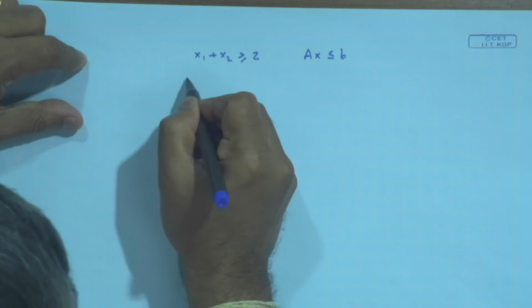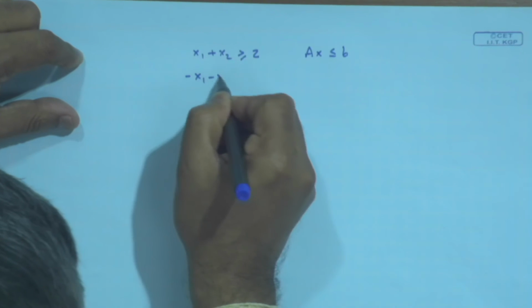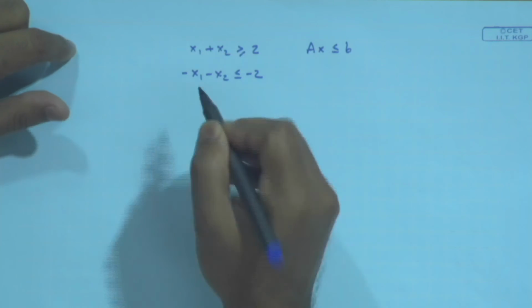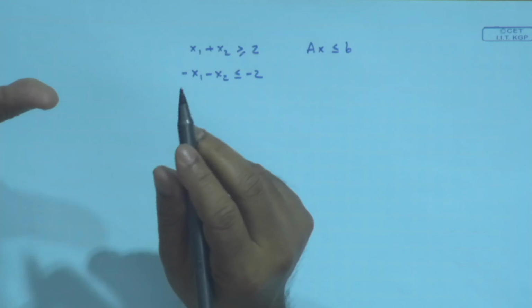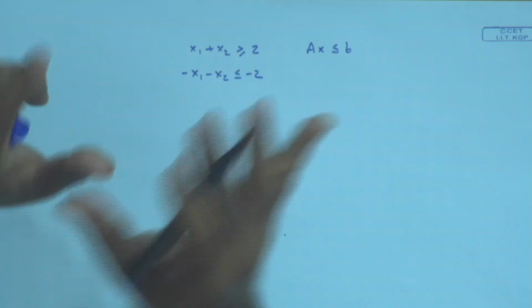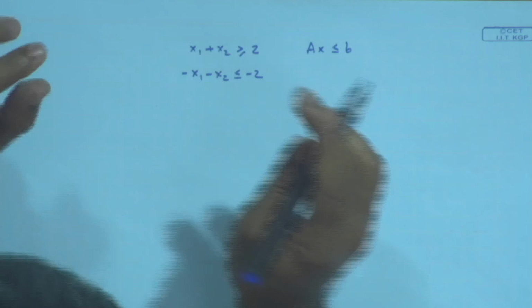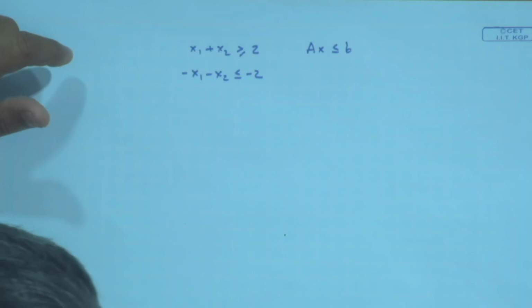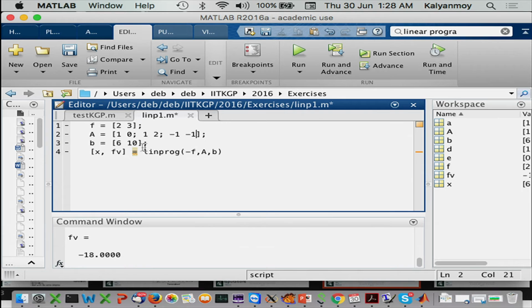So one way I told you before, I could just multiply by minus 1, but then this becomes minus, so manually you cannot do it, the manual procedure. But does MATLAB have some sophisticated way to take care of it? Let's check. Okay, so let's feed it this way now. So I have fed it minus 1, the coefficient, and I have to add here minus 2. Anything else? Do I need to change? No. Let's run.